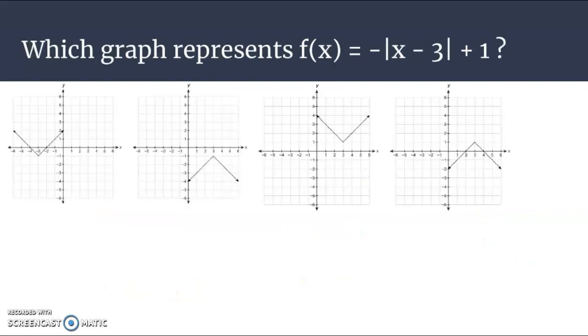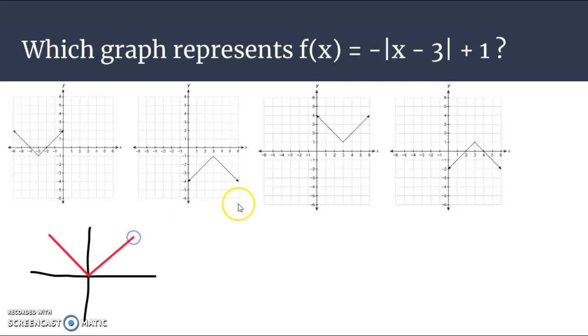All right, we're just going to identify which of these graphs represents f of x equals negative absolute value of x minus 3, plus 1. We'll verify it with Desmos, but think about it. We're going from the general function absolute value of x, which looks like a normal V. Let me make these straight lines here.